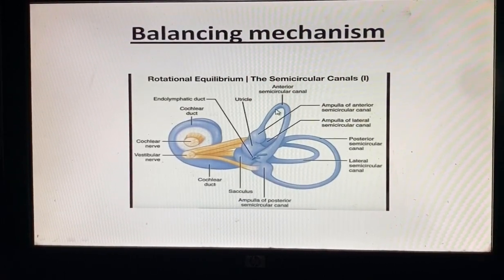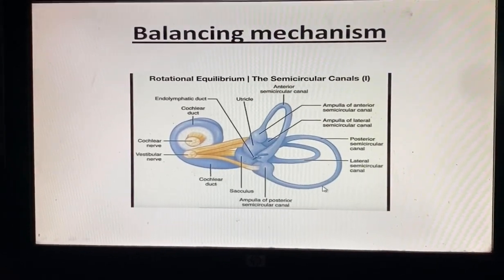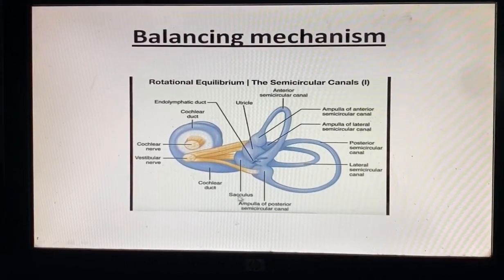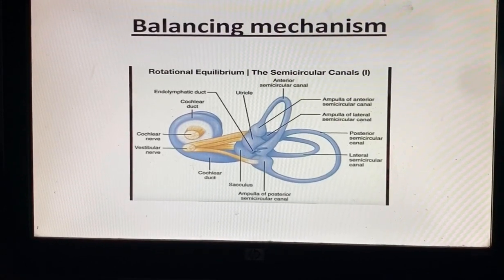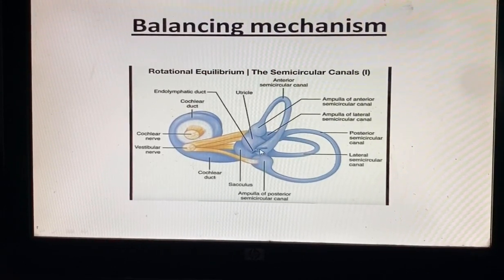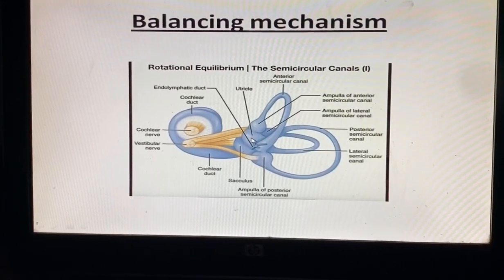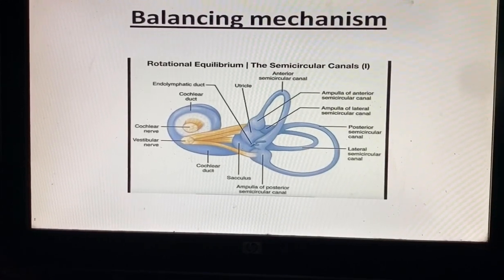The semicircular canals are related to rotational equilibrium, and the utricle and saccule are involved in perceiving gravity, or weight, or it works on pivot or lever systems.